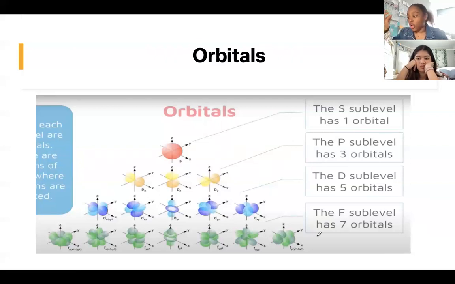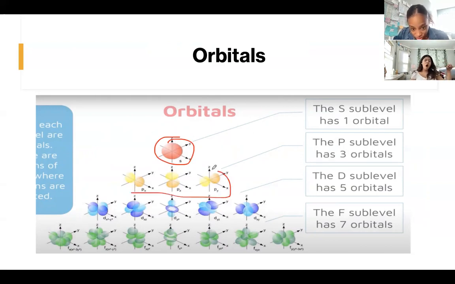If you recall, the S sublevel has one orbital, one dash, and here this is our S orbital, and it is in the shape of a sphere. That is going to represent your S level. And your P sublevel has 3 orbitals, and those are your barbell shaped orbitals.